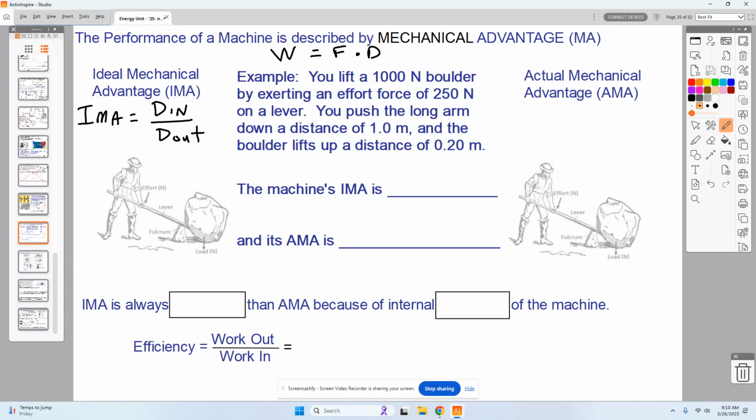For this example, you push the long arm down 1 meter. So he exerts a force on this side that's 1 meter of distance. And then because the fulcrum is located really close to the load, that other side only lifts us up about 0.2 meters.